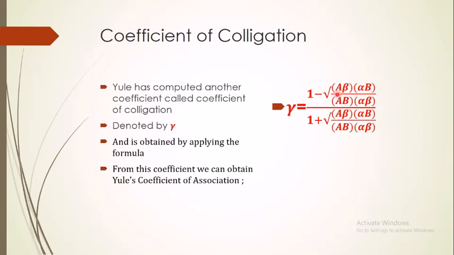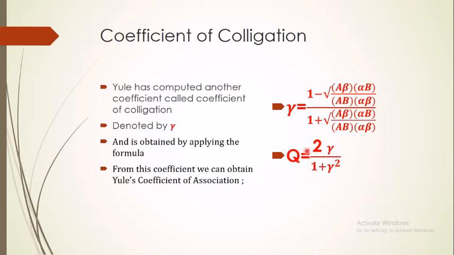of association. If you do some mathematical adjustments here, you can easily relate Q and gamma. I'm not going to give you any theorem or proof regarding that, but I would just like to give you the relationship: Q is equal to 2 times gamma, that is the coefficient of colligation, divided by 1 plus gamma the whole squared.